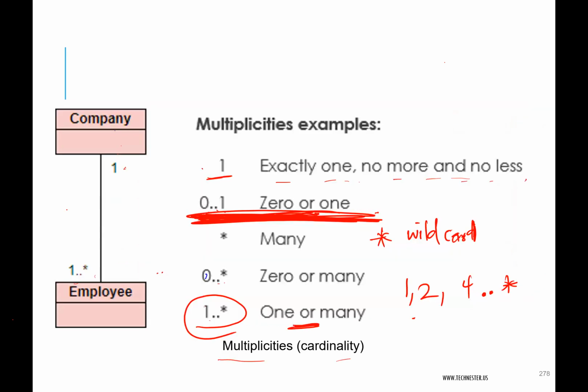So here is 0..2. This dot dot, ideally, if you are doing mathematics, it will actually be 0 to 2, right? That's what they taught us in maths, 0 to 1.